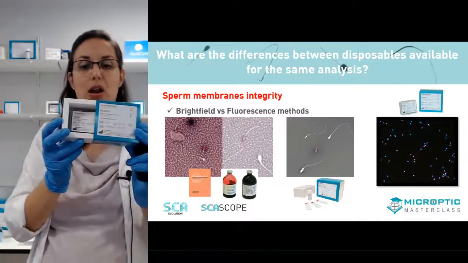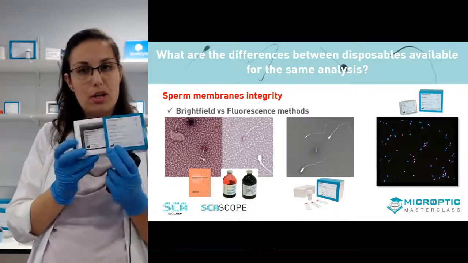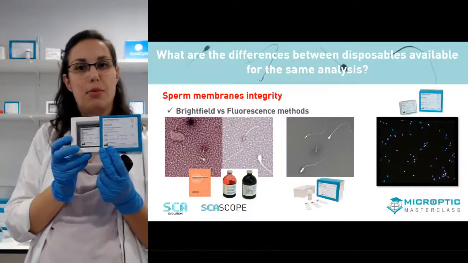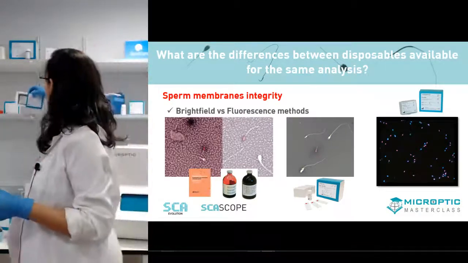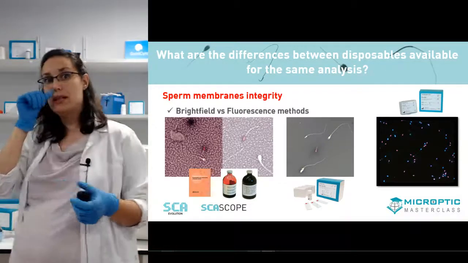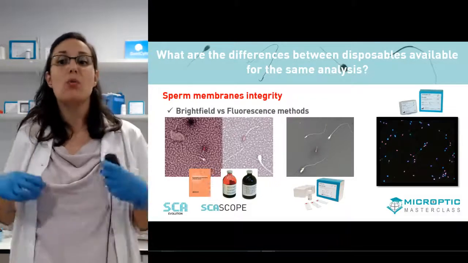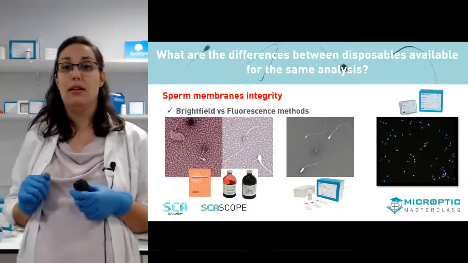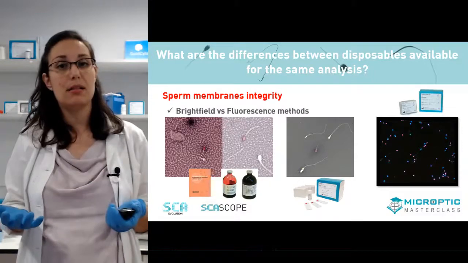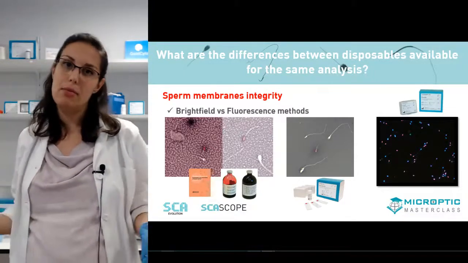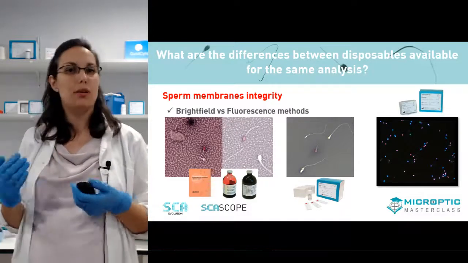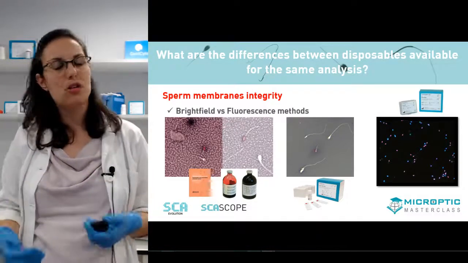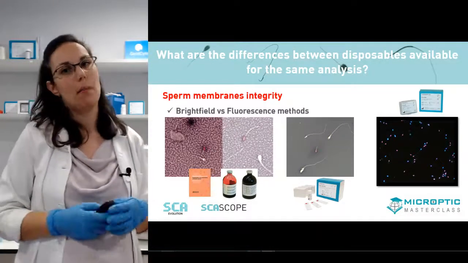This kit allows staining the alive sperm cells in blue and the dead sperm cells in red. Again, this is very important because these dyes will highlight the sperm cells and will omit all the debris and the noisy background that could complicate the analysis. So it is recommended for these pathological or very complicated samples.